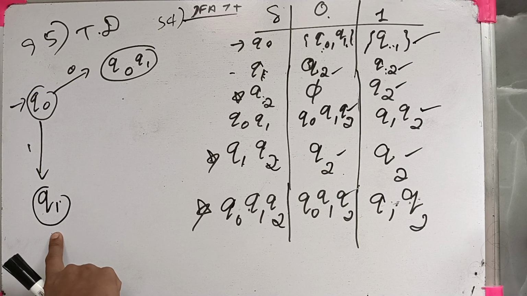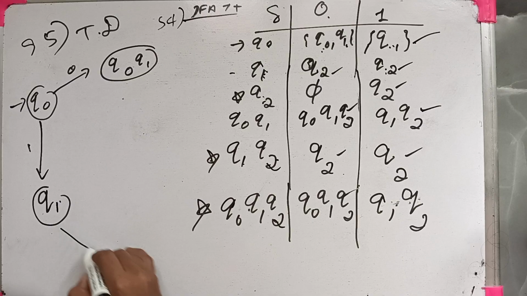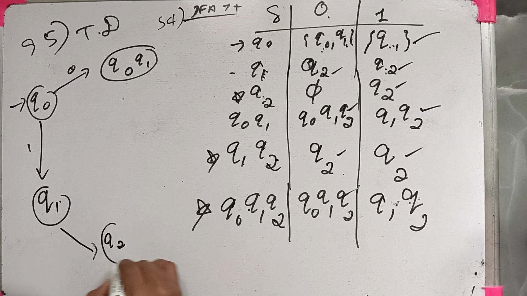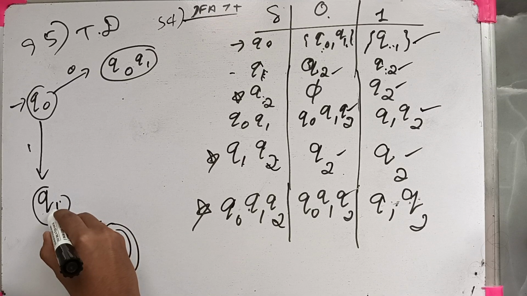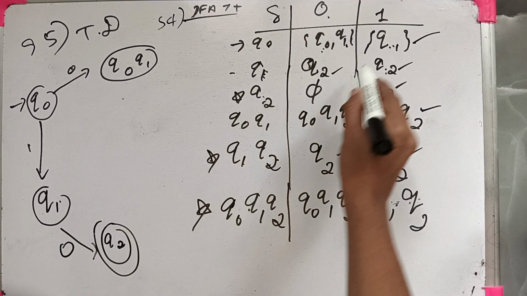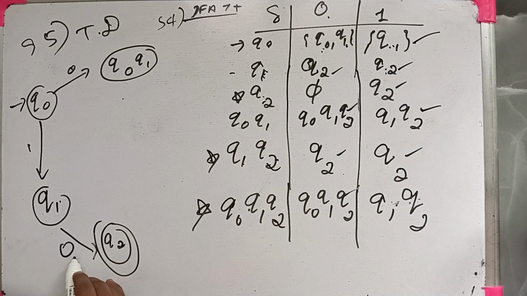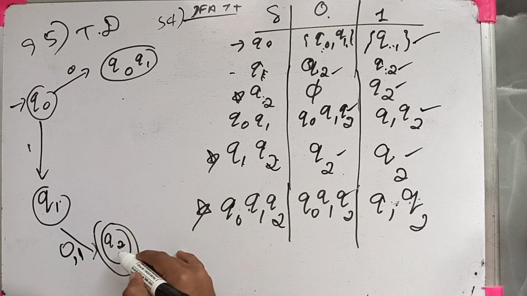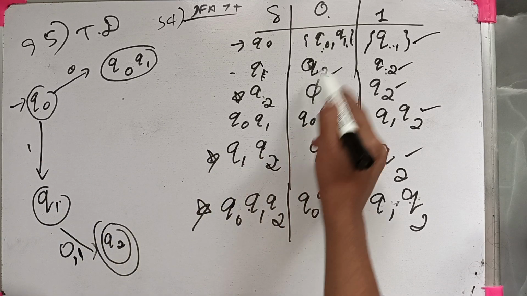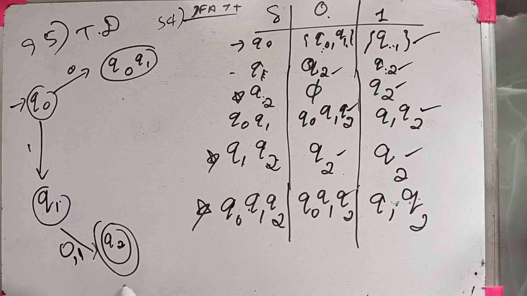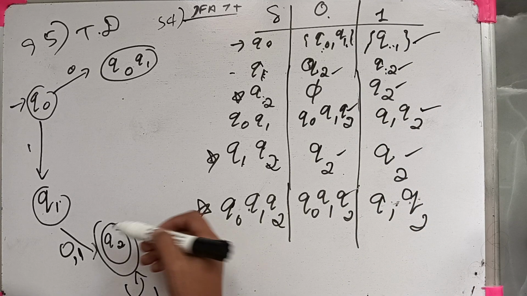Next for Q1, what is the 0 case? It goes to Q2. For the 1 case, it also goes to Q2. Okay, this is done, this is done. Next for Q2, if 0 comes, it is a null transition, and if 1 comes, it goes to Q2 itself. Okay, this state is done.